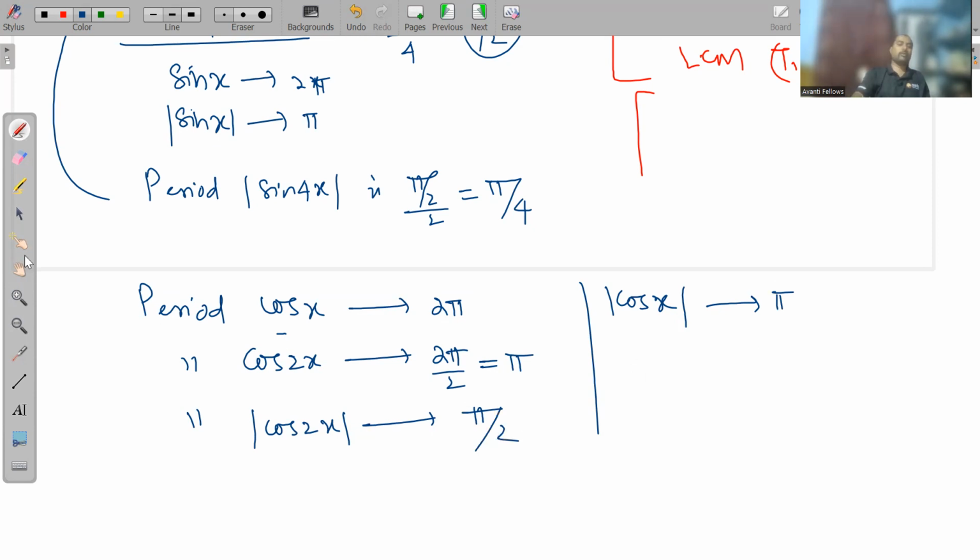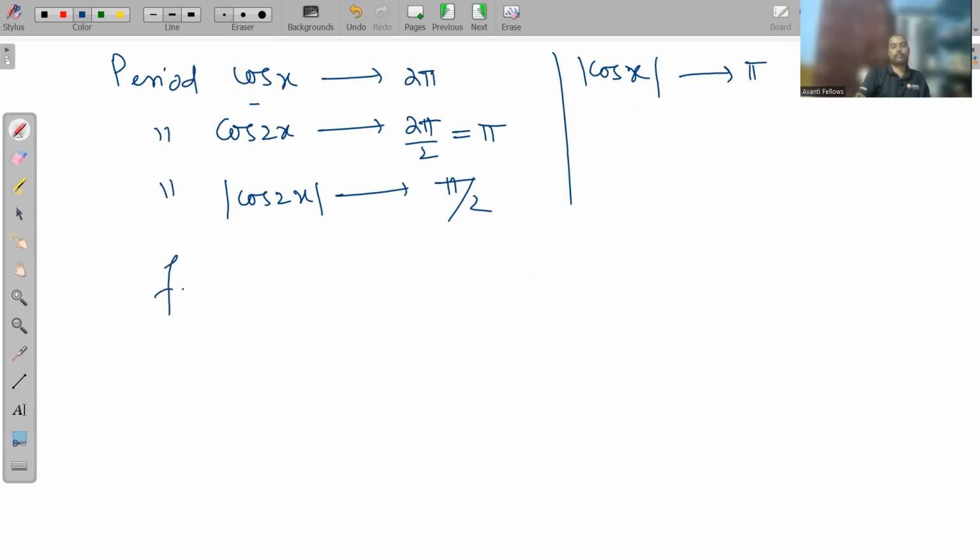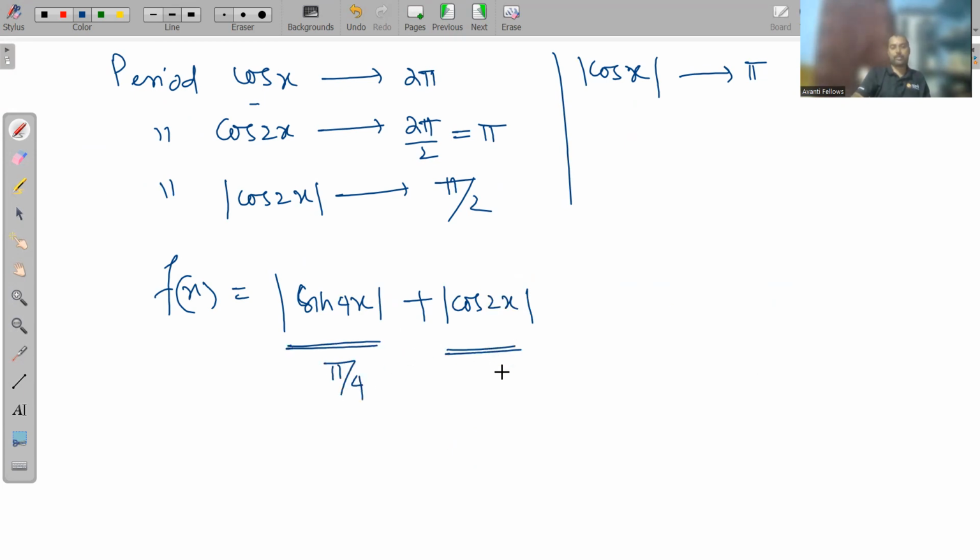Now the question is to find the period of this function f of x, which is equal to mod of sine of 4x plus mod of cos of 2x. The period of the first I know, that is pi by 4, and the period of the second I know, that is pi by 2. So the period of f of x is the LCM of pi by 4 and pi by 2.